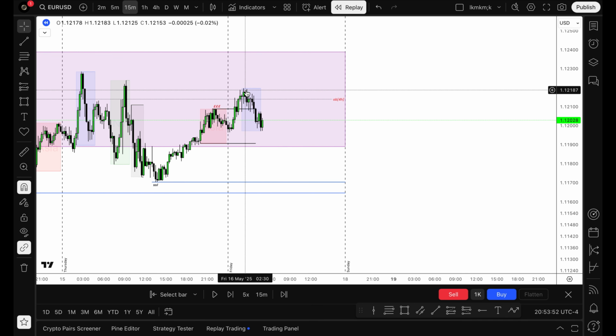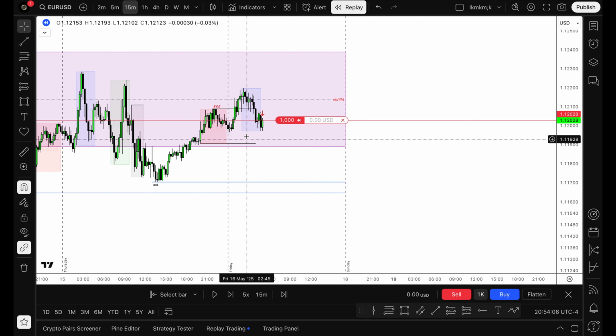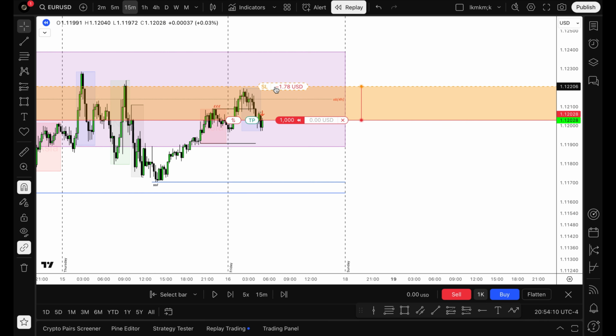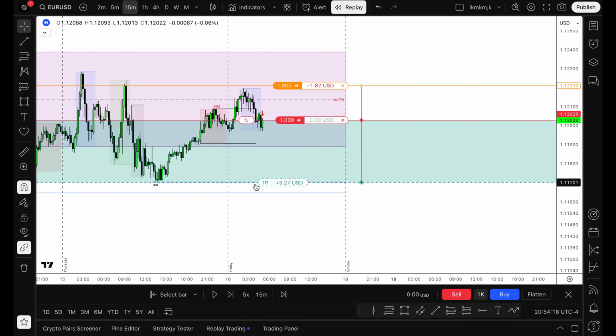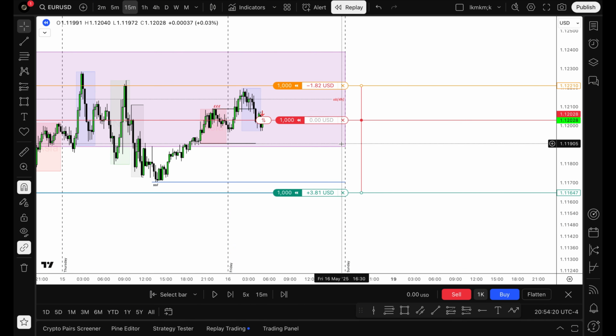So buy side liquidity was taken, and then we get a displacement to the downside with a little fair value gap there where price traded back into it, and then we could enter sell positions. Let me just do it hypothetically, and then we put our stop loss above the London session high, and then we put our take profit to where we want to target, which is Wednesday's lows.